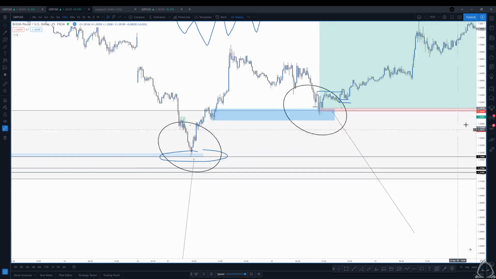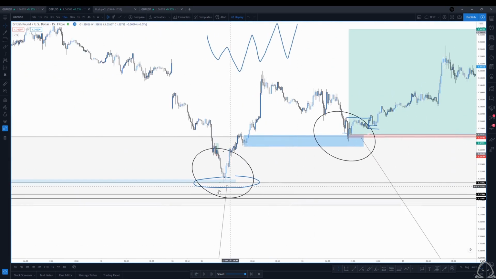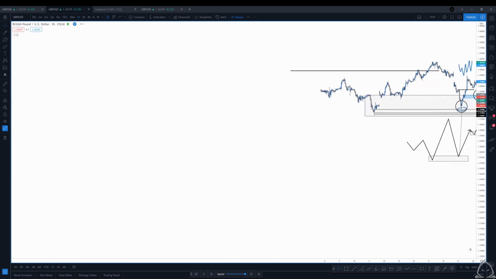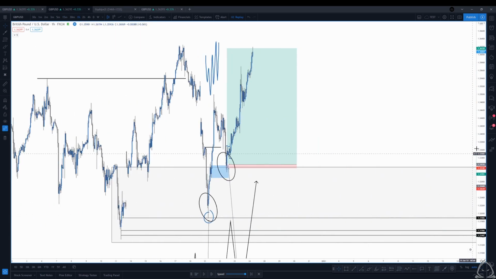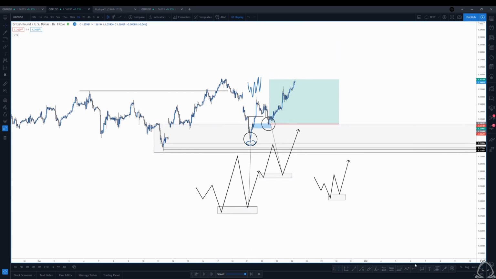And at the end of the day, when we're identifying the higher time frame points of interest, we're then using our execution timeframes to execute our trades and give us the highest probability to get into those trades. And the best way to get the highest probability into those trades is to look at the fractal patterns that happen once we actually hit inside the order blocks themselves.